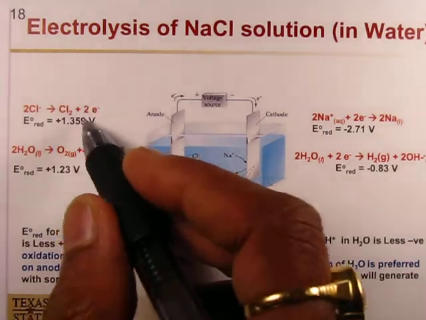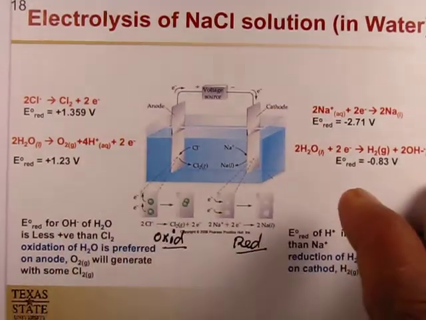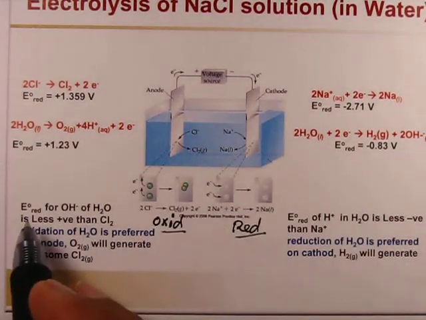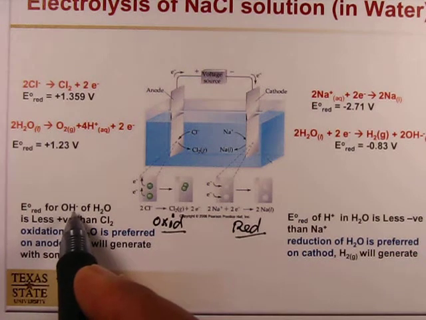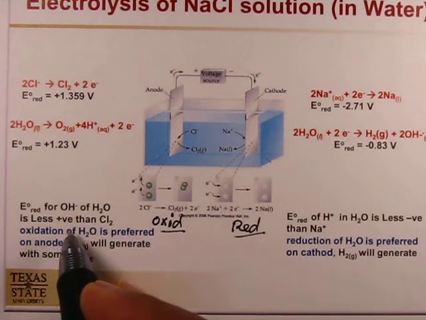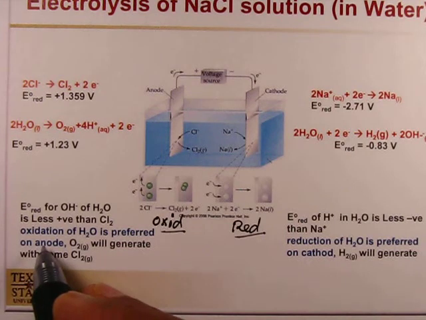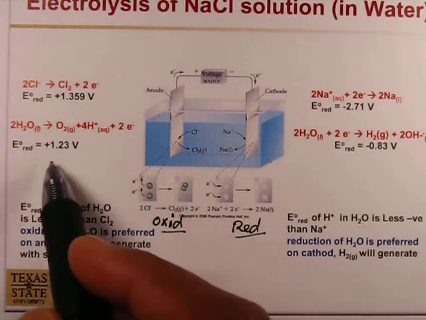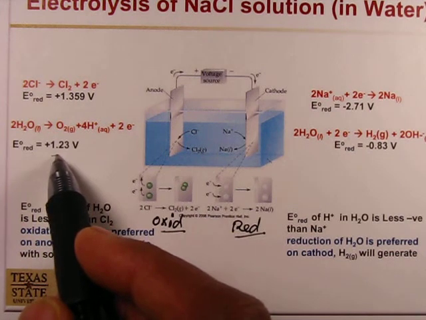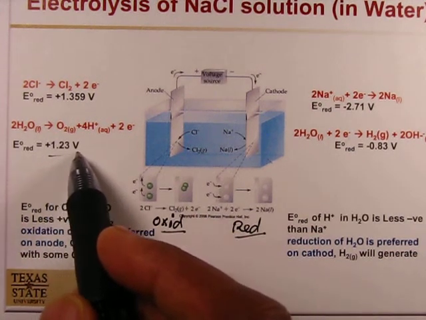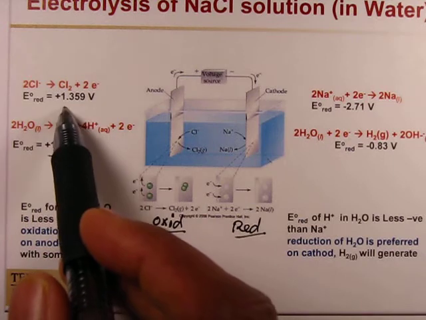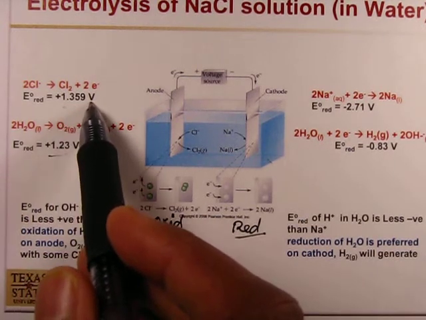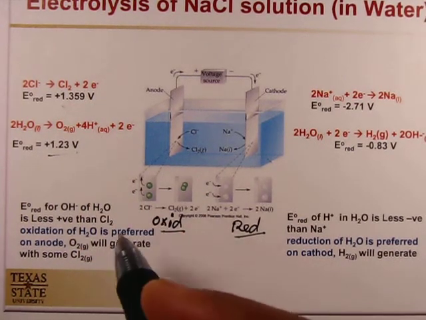So if we compare these two numbers, you can see the reduction potential of water is less positive than that of chlorine.